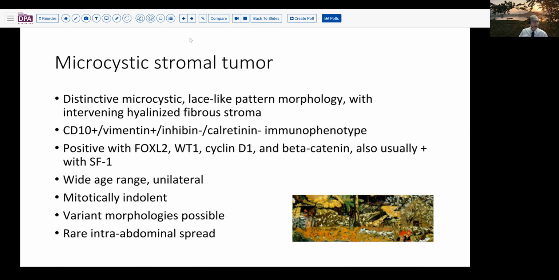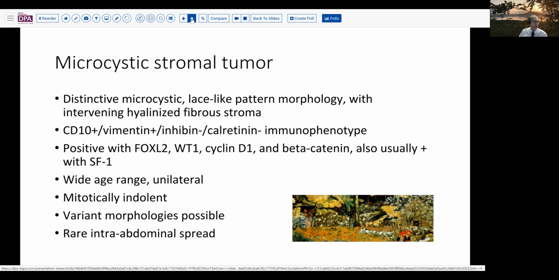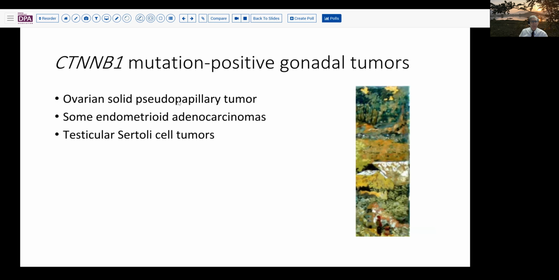So the beta-catenin positivity raises the question as to, are there other CTNNB1 mutation positive tumors that could enter into the differential here? Well, one is ovarian solid pseudopapillary tumor, which is perhaps even more rare than the microcystic stromal tumor that we've encountered. Consideration has been given as to whether these two tumors are in fact the same entity, and that discussion may be ongoing for a while.